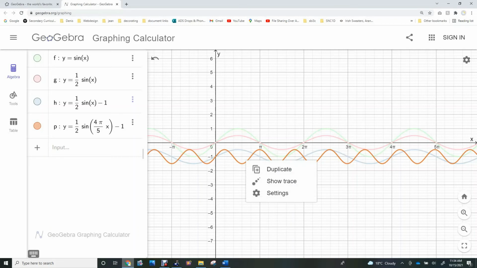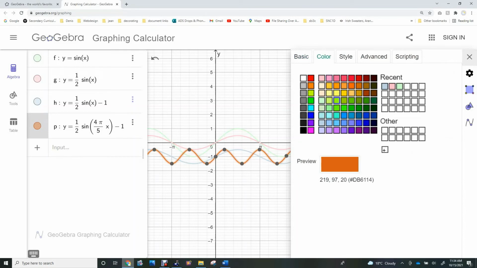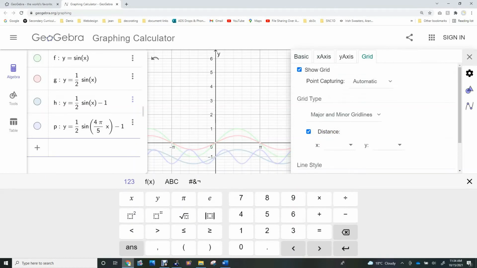Okay, so now let's set a color for that. And we're going to make this purple. Okay, so the last one we're going to add is the phase shift. All right, now the thing to know is that for a phase shift to the right, when we enter the phase shift value into the equation, we have to use the opposite direction.